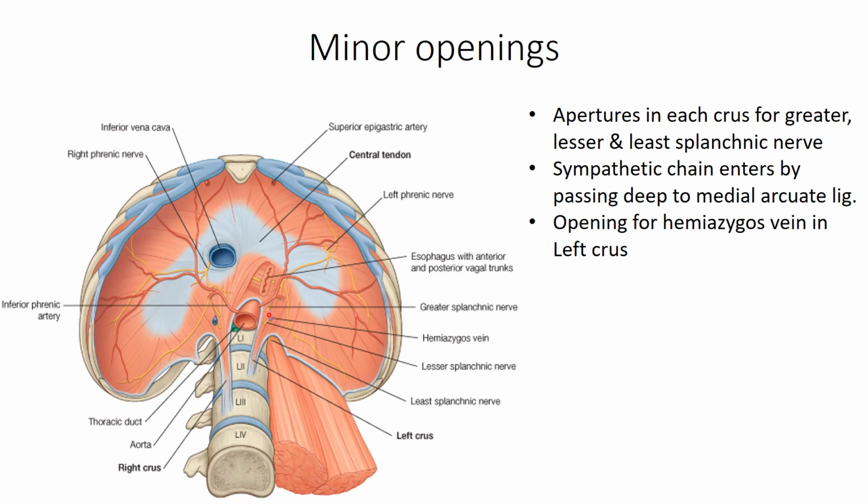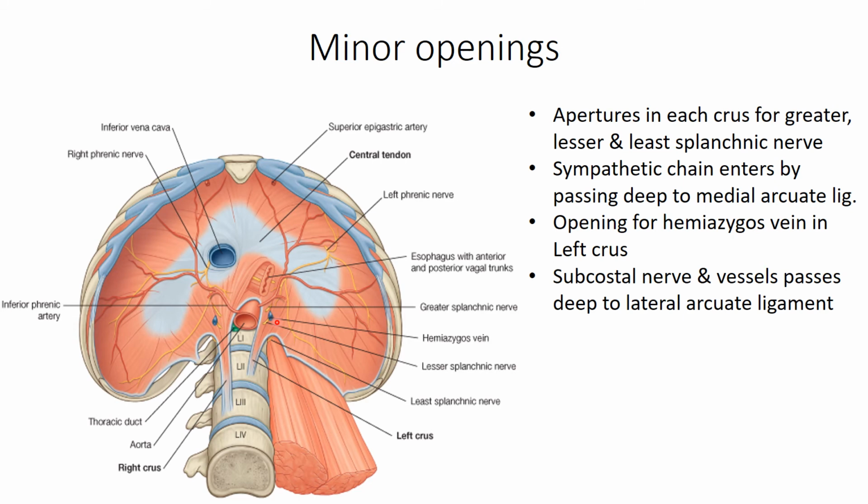Then there is the opening of the hemiazygos vein in the left crus of the diaphragm. And the subcostal nerve and vessels pass deep to this lateral arcuate ligament.